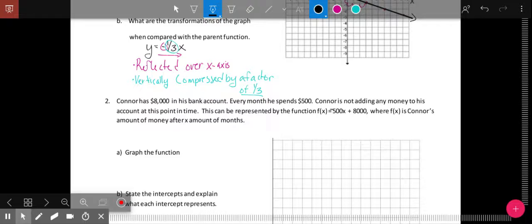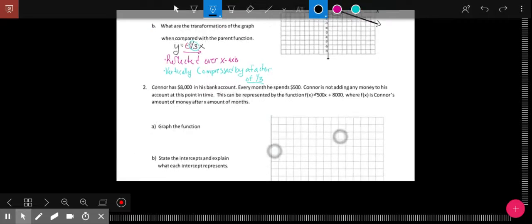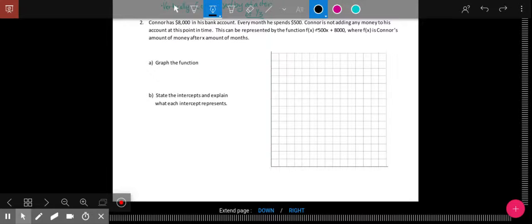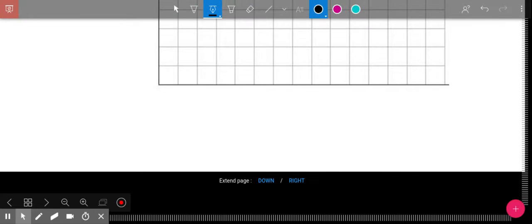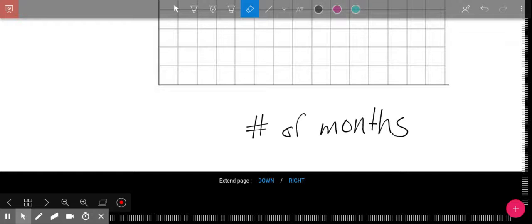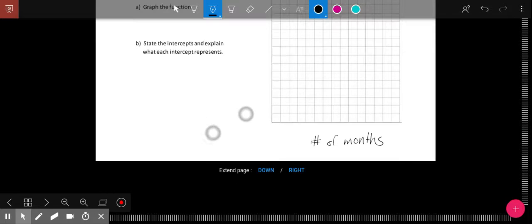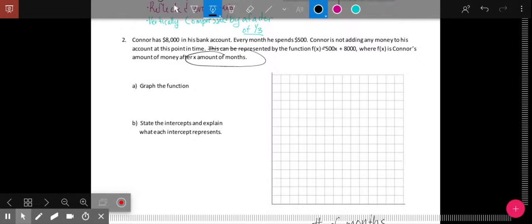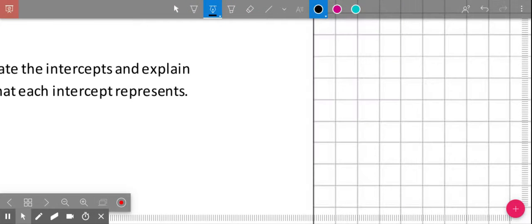We have to graph it, so we're going to have to start by setting up our graph. I told you what the x and y axis labels are going to be. Here it says x amount of months. So when I go to the x-axis, we're going to do the number of months. Make sure you're leaving room so that we can add in our scale up here. And then the y, we said that f of x is Connor's amount of money, so I'm going to write total money.